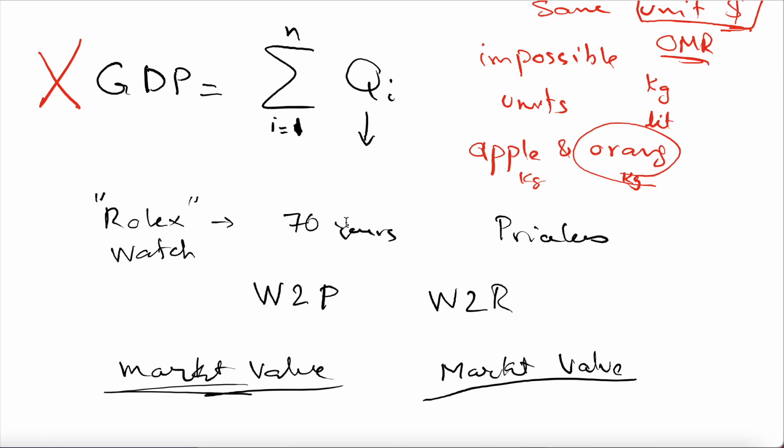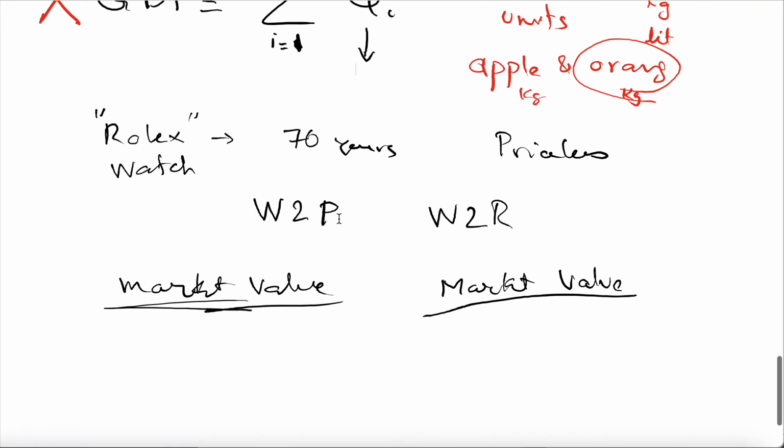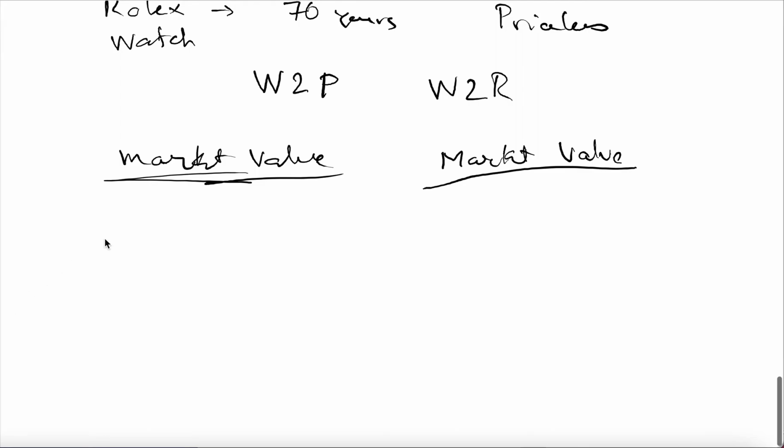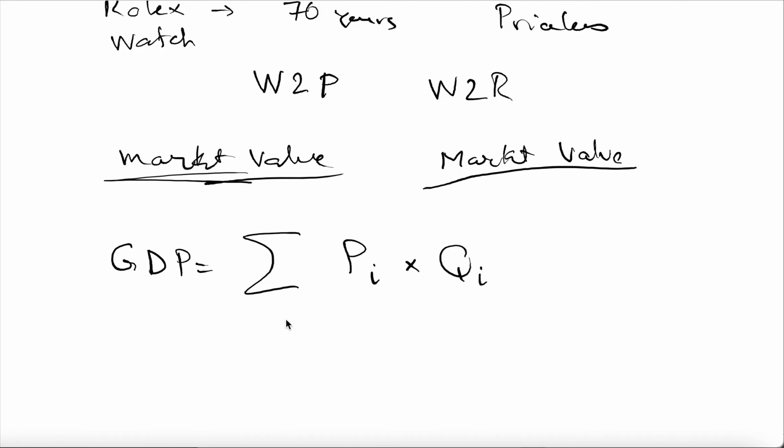So the GDP, I write it again, the GDP is going to be the market price multiplied by the quantity, and sum it also, because they are in the same monetary unit, they are summable. So we are able to make an aggregate value of everything which a country is producing.